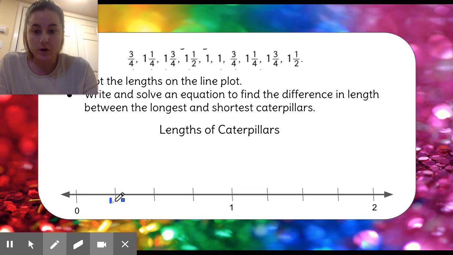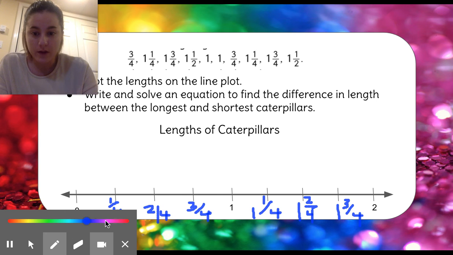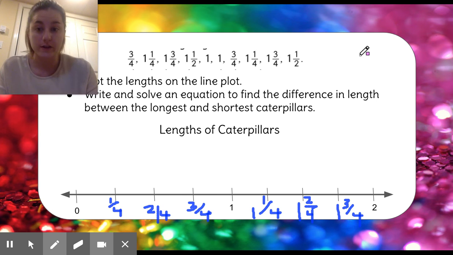So this would be 1/4, 2/4, 3/4, 1, and then we would start again in mixed numbers, 1 1/4, 1 2/4, 1 3/4, and 2. If you did not get that on your own number line, that's okay. We can fix it now. So fix it now if you need to.